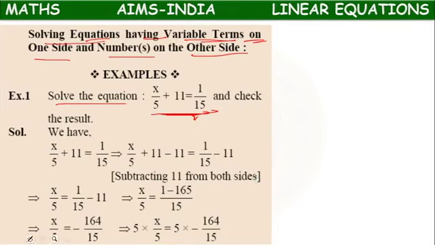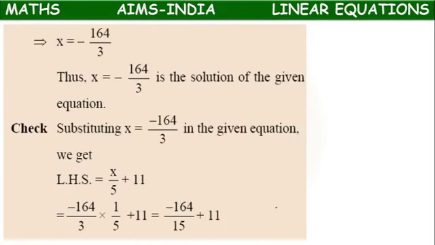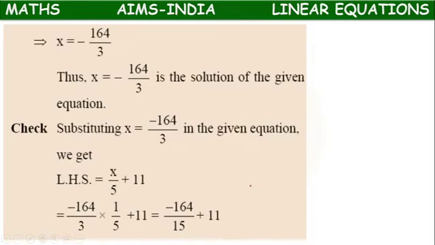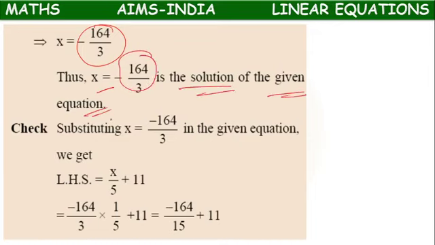So 5 gets cancelled. 5 3 times 15. So x equals minus 164 by 3. So this is the solution of the given equation.